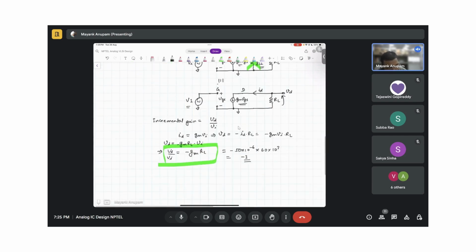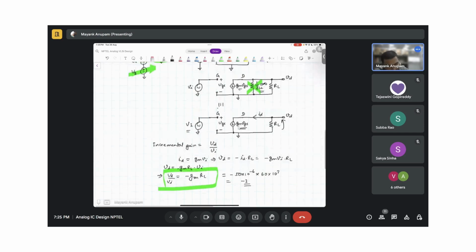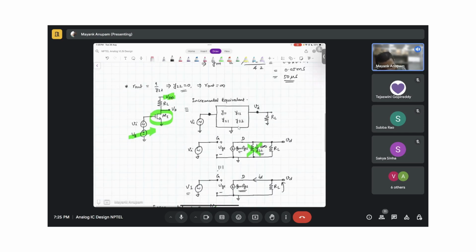Please note that this is an incremental picture. This is not the bias point picture. So what it simply means is that if you have a small incremental change at the gate, let's say you increase Vi slightly, then at this node, this is going to decrease slightly. That is all the meaning of this.